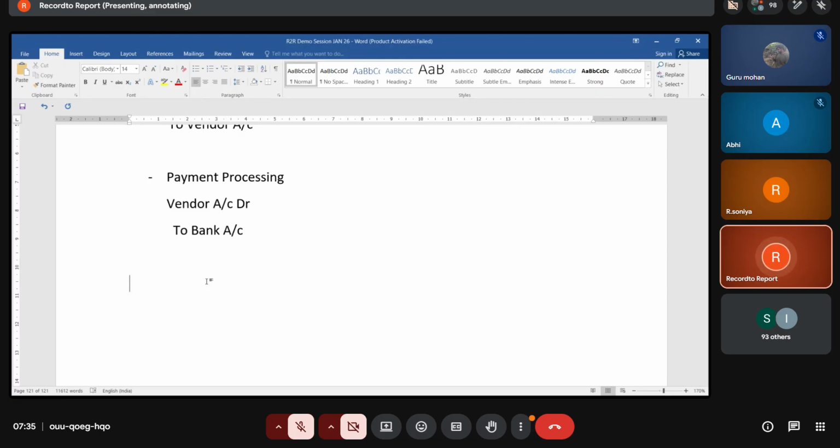Next is the O2C cycle. O2C is order to cash. We discussed purchasing; now we will discuss selling the products.